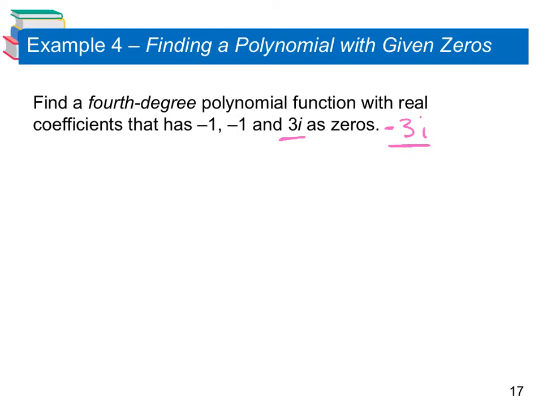So we also have to include that -3i. So if we write this as linear factors, we would have x plus 1, x plus 1, x minus 3i, and x plus 3i. Remember, we changed the signs of our zeros.